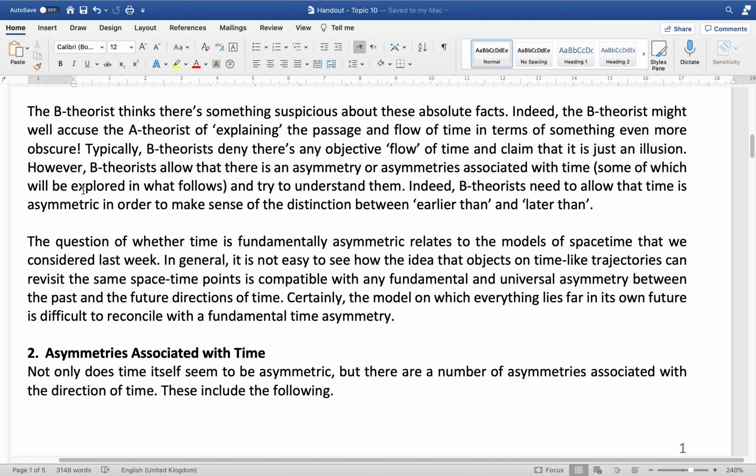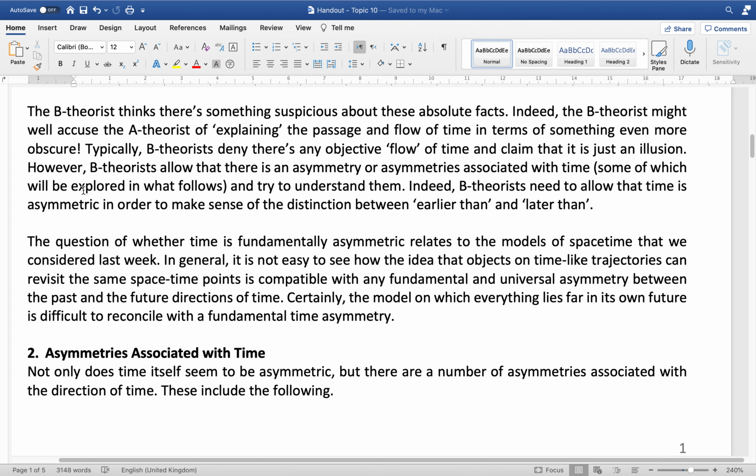Now, it connects in quite an important way with last week's topic, because the question of whether time is fundamentally asymmetric is perhaps informed by the question of which of the models of space-time that we looked at last week, if any, it holds.